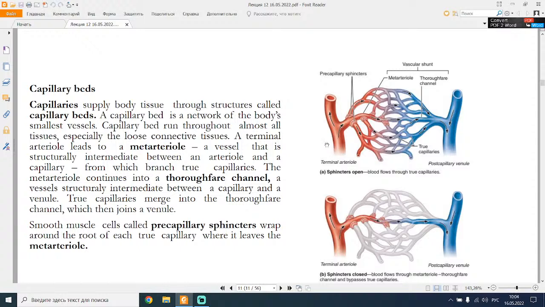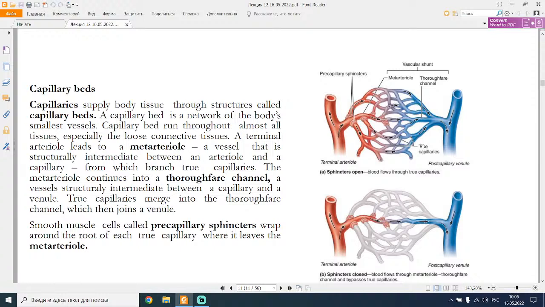A terminal arteriole leads to a meta-arteriole, red in color, into a thoroughfare channel, vessels structurally intermediate between capillary and venule.